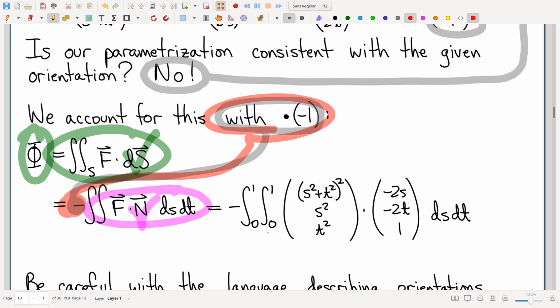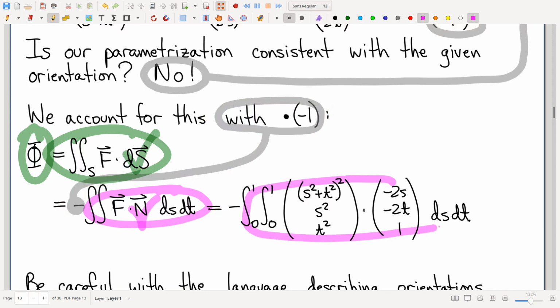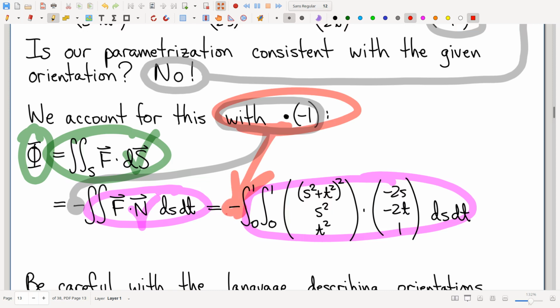Now let's entertain what would be wrong if you put it in the wrong place. Just to get my color coding right: the green is from the surface, the purple is from the parameterization. If you put your minus sign there only, now you're saying that these two things are negatives of each other, and they're not. The two things in purple are the same. So that would be an incorrect bit of reasoning.